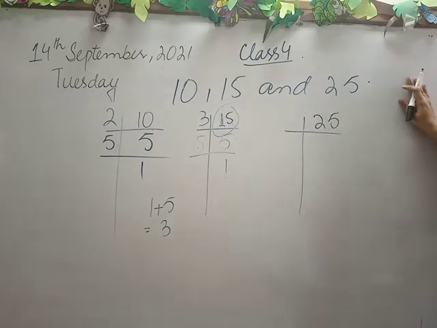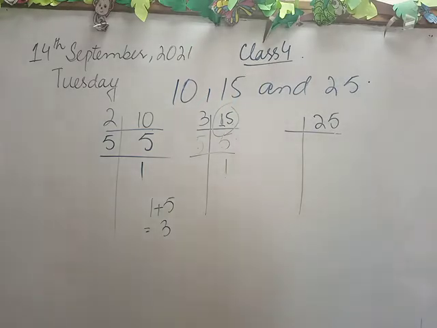Now class, let's move to the next, which is 25. If you look, class, we have 5 at its unit place. So we will simply apply the divisibility rule for 5.